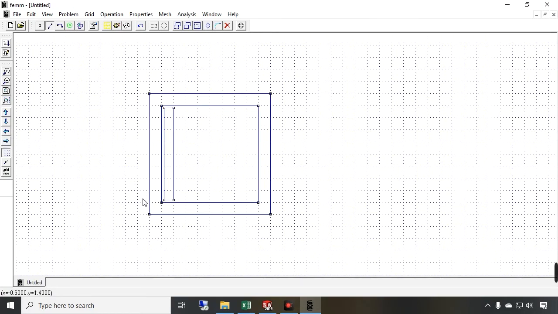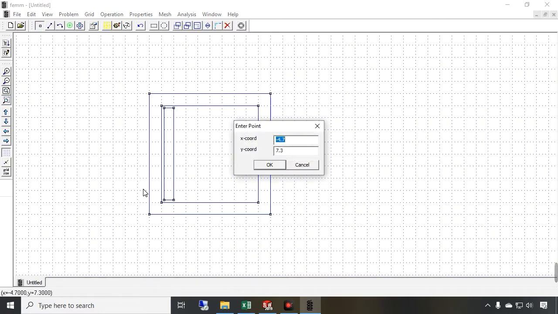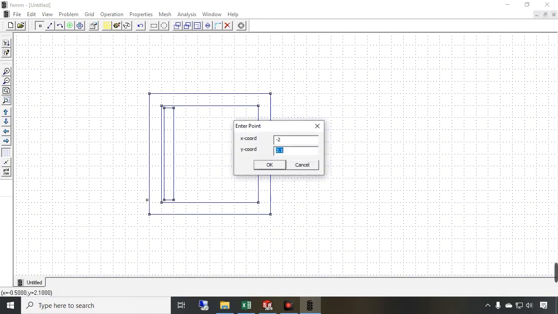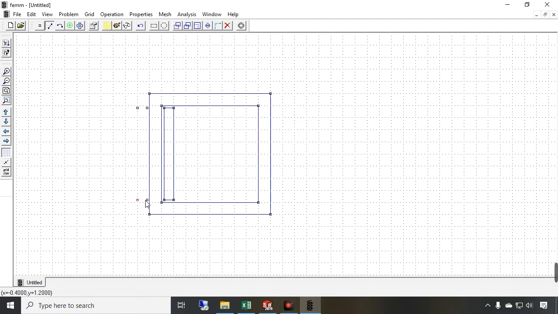And now I am going to draw another arm. So I press the tab key and write here minus 0.2, 1.2, minus 1, 1.2, minus 0.2, 8.8, minus 1, 8.8, select segment, and yes.